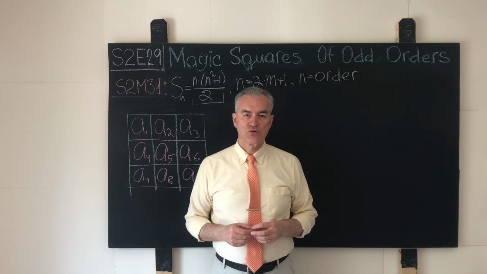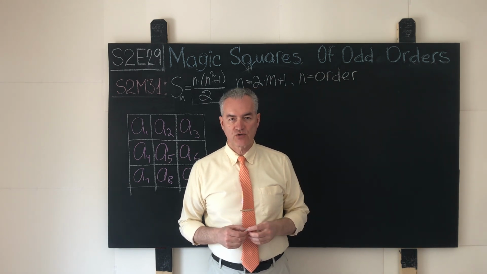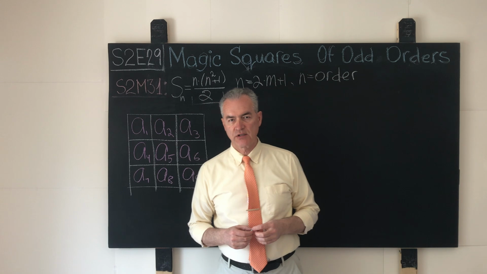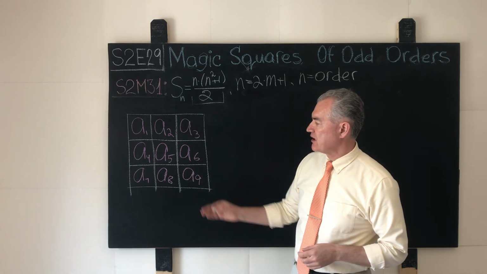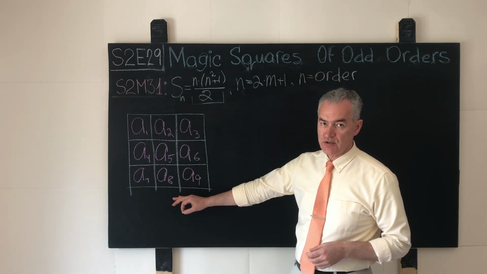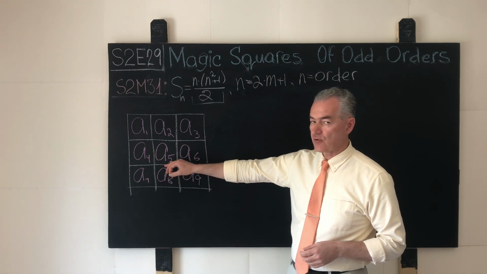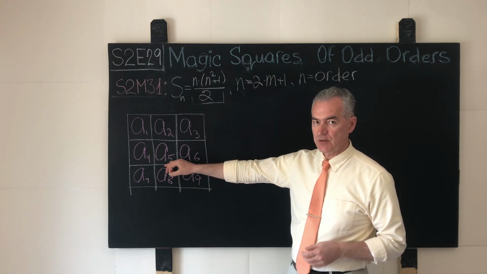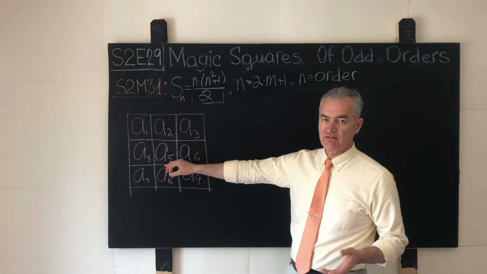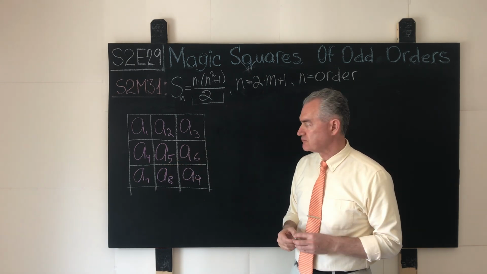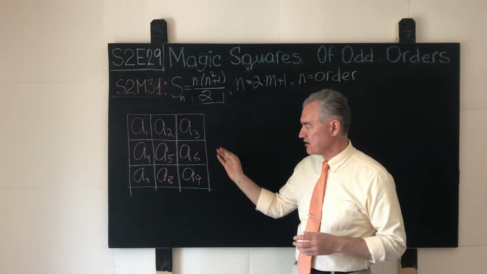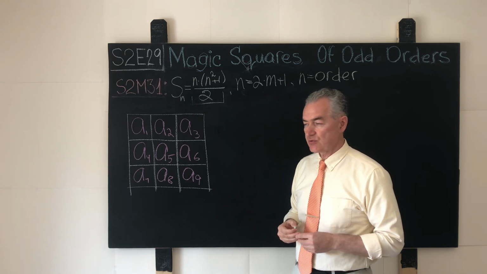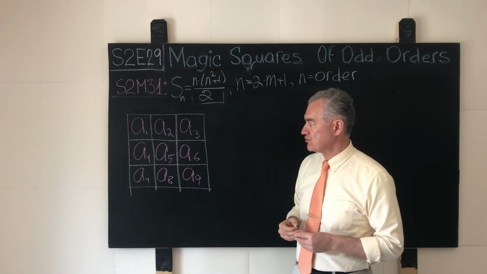In this segment, using a 3 by 3 magic square as a sample, we will show that if S is the constant of such a 3 by 3 magic square, then the contents of the central cell of that square must be S divided by 3, whatever the constant of the 3 by 3 magic square is chosen to be.